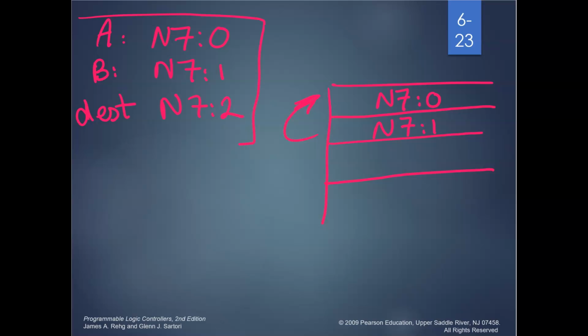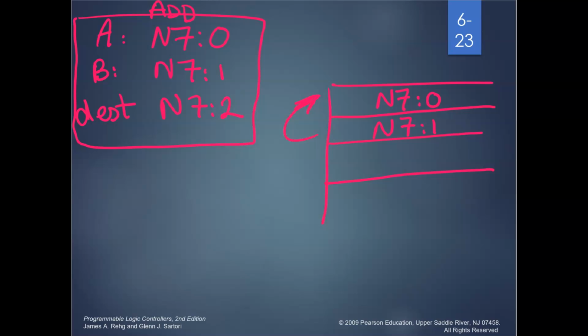If we are using an add instruction with these addresses, it doesn't matter if you repeat this 1 time or 100 times. Whatever you have in N7:0 will be added to N7:1, and the result that you will see in N7:2 is a fixed number.